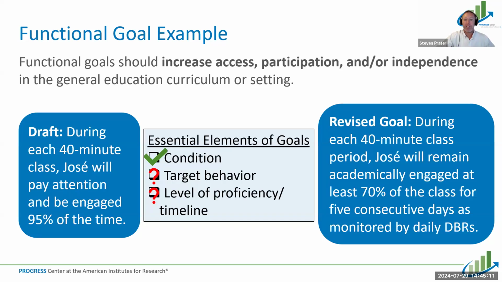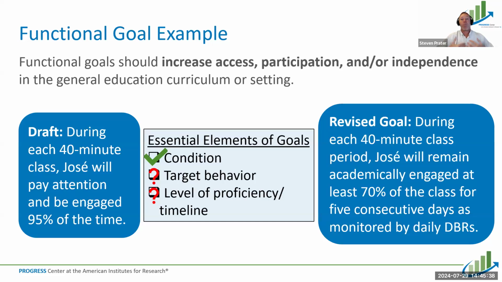And then the level of proficiency says 70% for 5 consecutive days as monitored by those DBRs. The way you can make sure that percentage is accurate or makes sense for students is you would have to do observations of the other students in the classroom. What is an average, typical student in Jose's class? How often are they academically engaged?